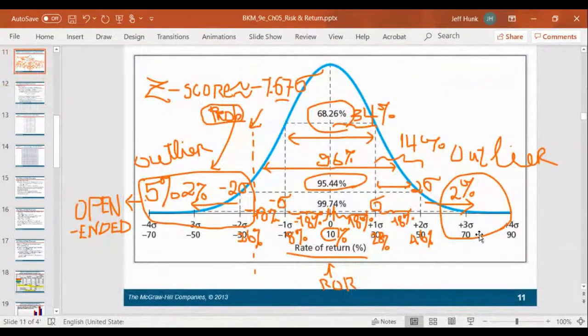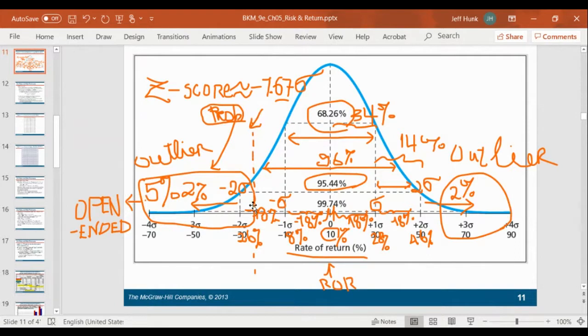In other words, 2 standard deviations below the mean is the bottom 2% or 2 percentile, right? It's open-ended.